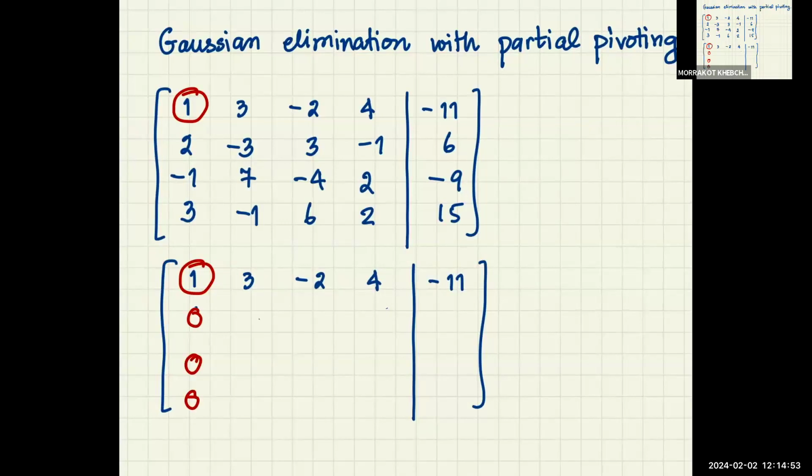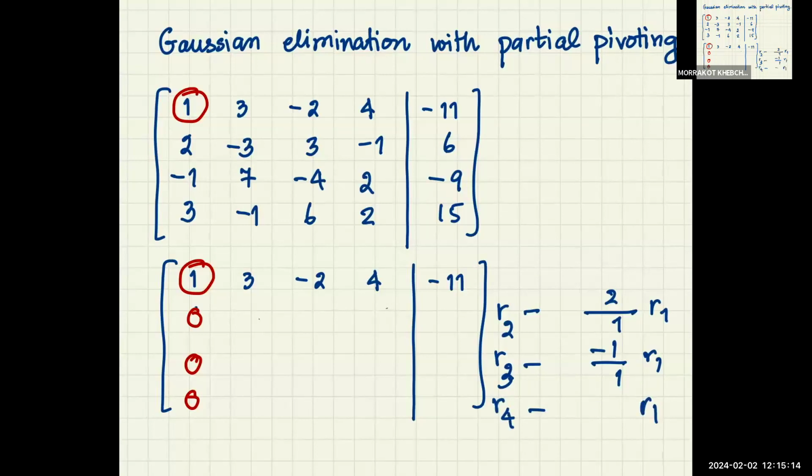So let's look at the multiplier. To make the second row 0, in the first column of the second row, you have R2 minus R1 divided by 1 multiplied by 2. For R3, minus R1 divided by 1 multiplied by minus 1. R4 minus R1 divided by 1 multiplied by 3. This is your multiplier. You see? Greater than 1, right?